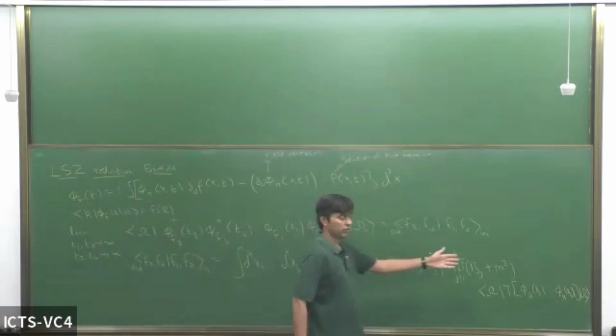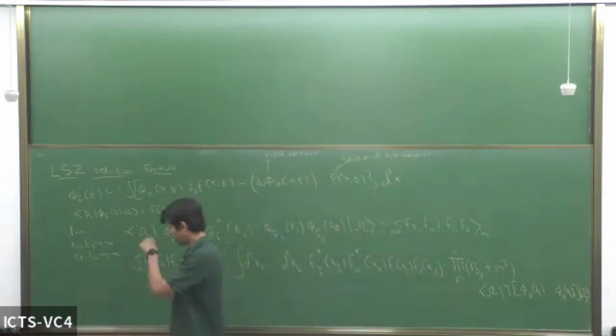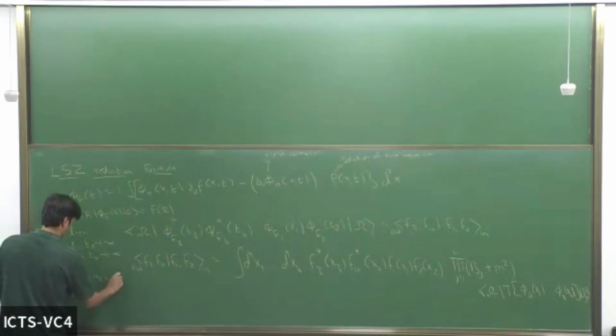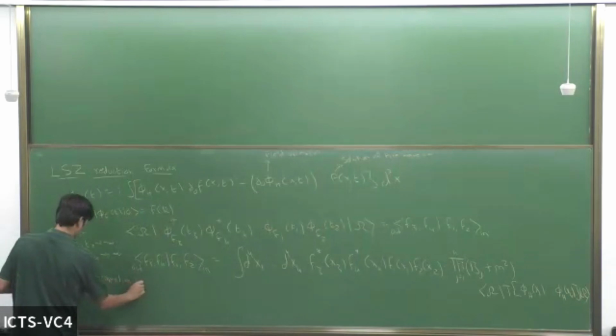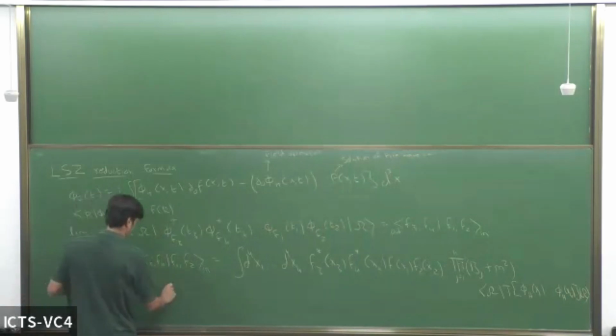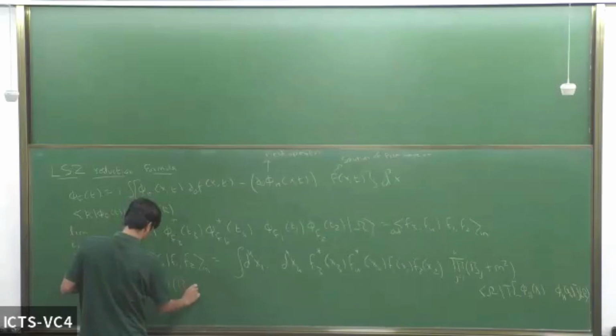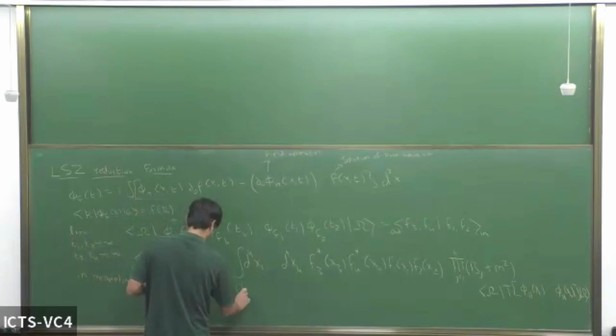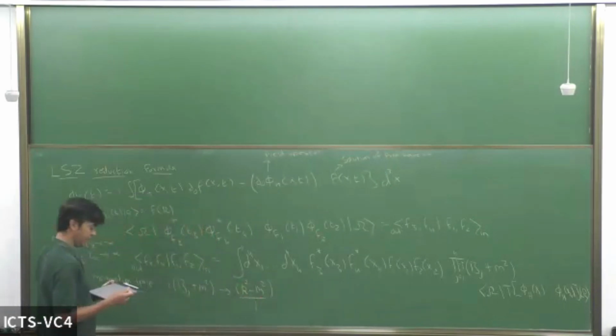This box j plus m squared in momentum space, in the end, is just minus k squared plus m squared. There's a minus sign, and once you include the i's, you'll find this.